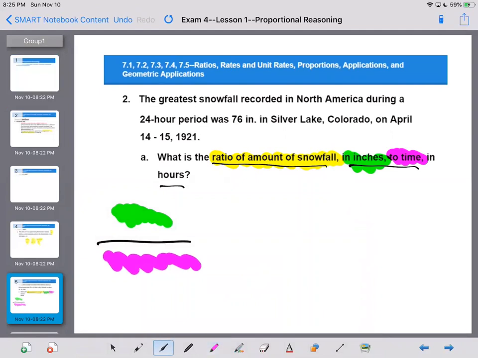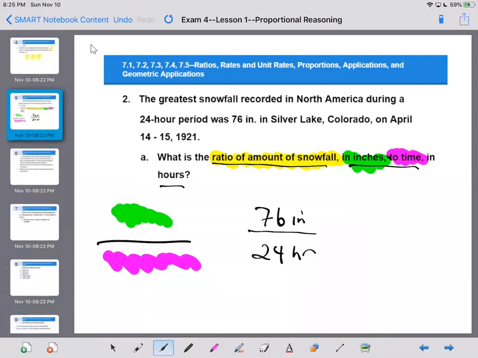So if we know that it's 76 inches and it was in a 24-hour period, well, now we're just thinking about, what is that ratio? We can simplify as much as we can as well, but this would be a comparison of inches to time. So we could think about 76 could be divided by 4.